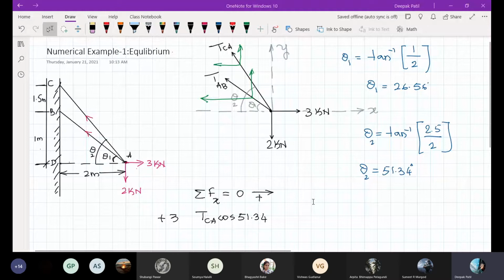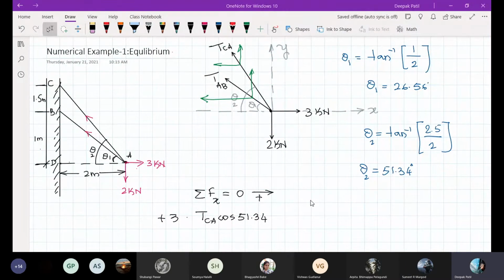So for TCA cos 51.34, should I put plus or minus, students? Minus, sir. Yeah, minus, right? Because it is in the negative x-axis. So I should put it as minus.